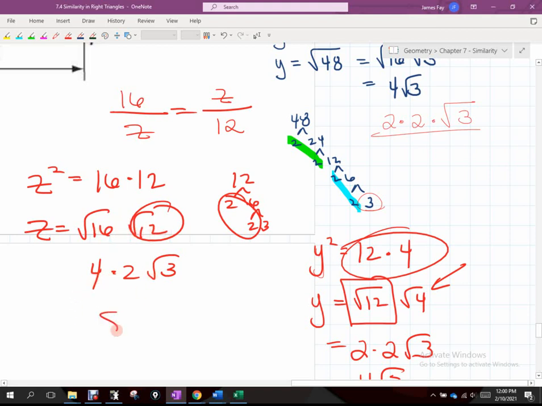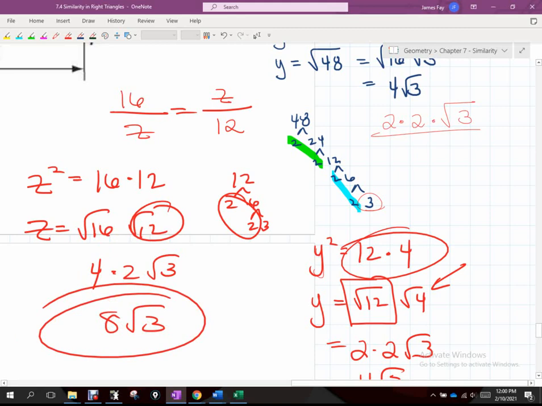So 4 times 2 then is 8 radical 3. And I think that's more efficient, easier than saying, okay, 16 times 12 is 192, and then taking the 192 and doing the factor tree with it to where you end up getting 8 radical 3. Does that make sense?